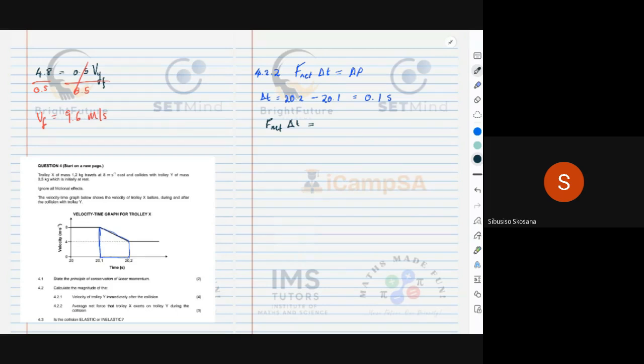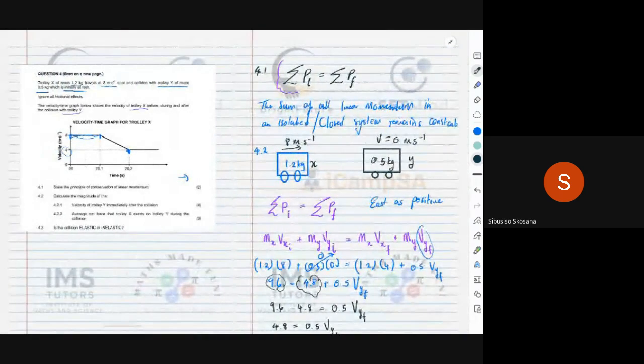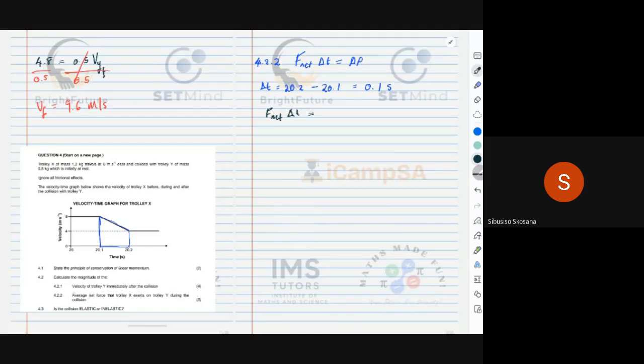Okay, so here we have the final velocity of Y, right? Y is at rest at this point. So let's see how we can actually do this.